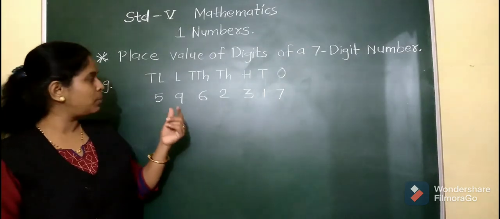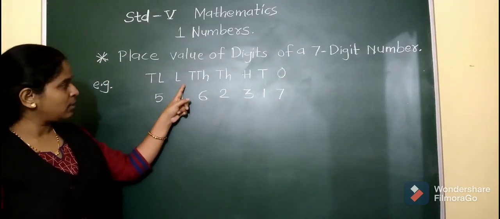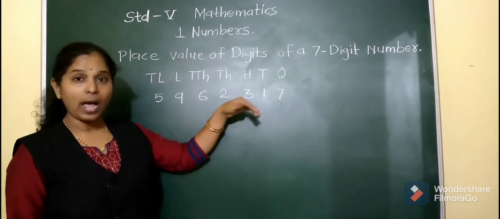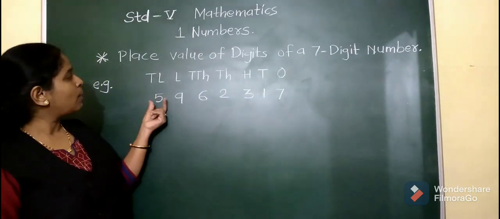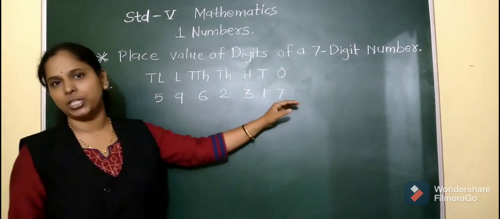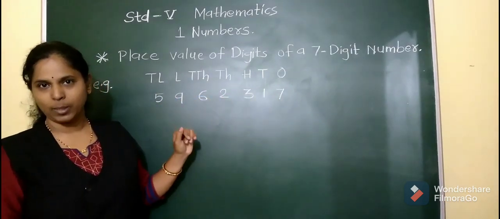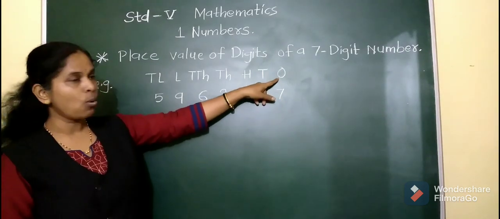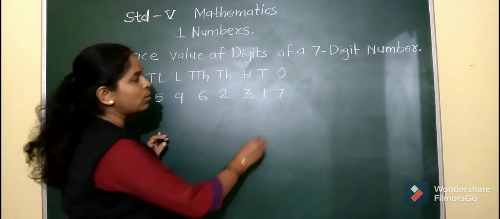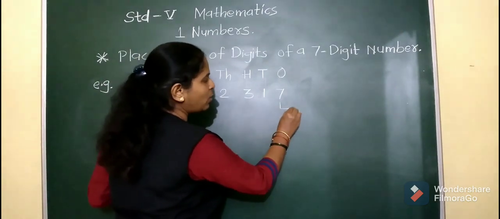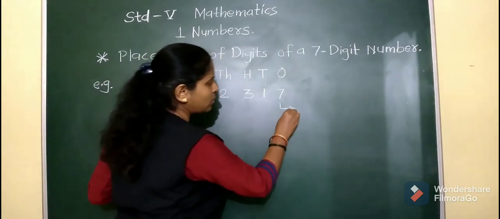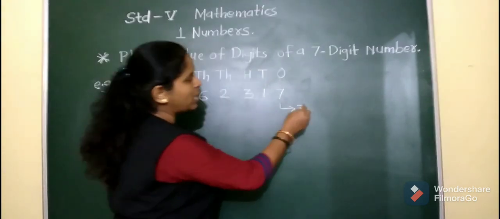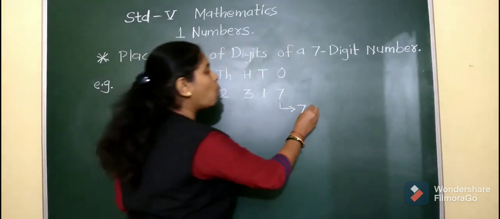Now how to read the number? 59 lakh 62,317. And we have to find out the place value of each digit given in the number. We will start with 7. 7 is at which place? Ones. So to find the place value of 7, as it is at ones place, we multiply 7 by 1.